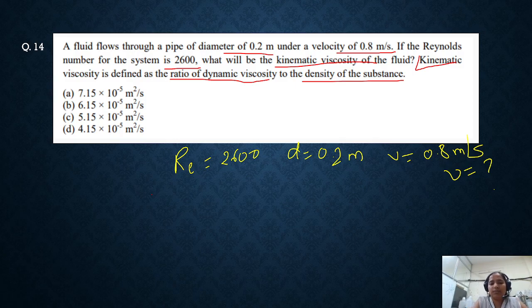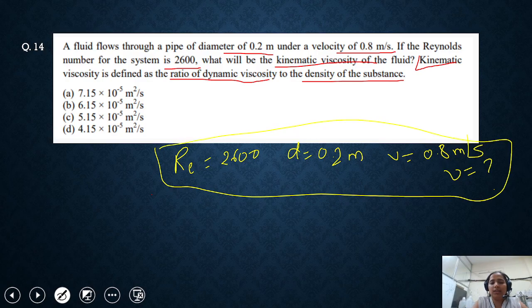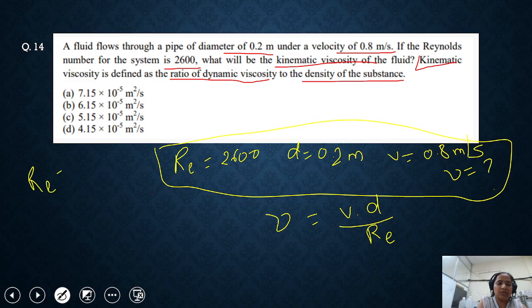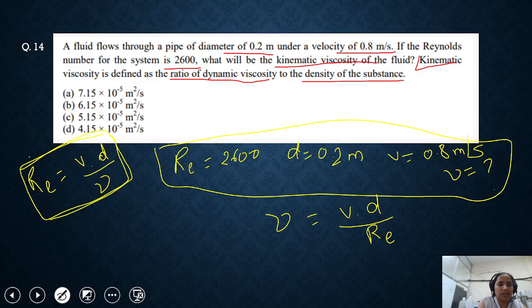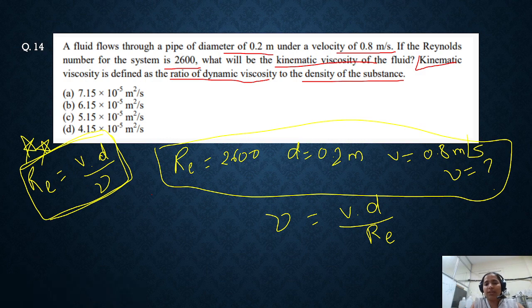So we need an equation that represents the relationship between the Reynolds number and the kinematic viscosity. We have a direct formula: kinematic viscosity is equal to v, velocity, into d, diameter, upon Re. Or you can write it in reverse, that Re, Reynolds number, is equal to v into d divided by the kinematic viscosity.